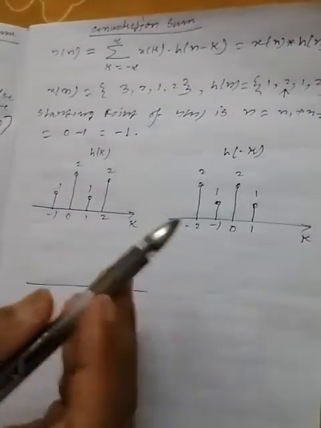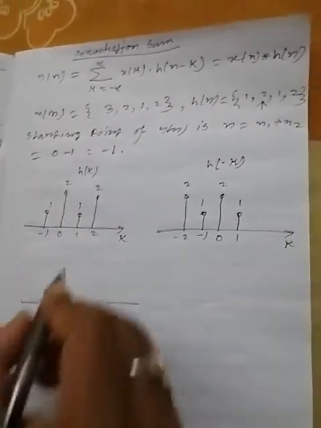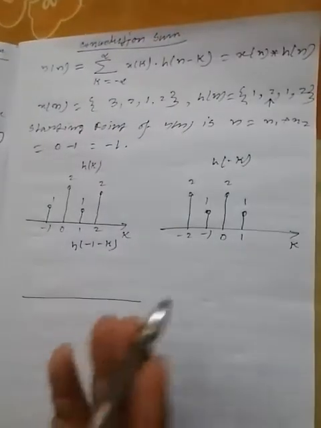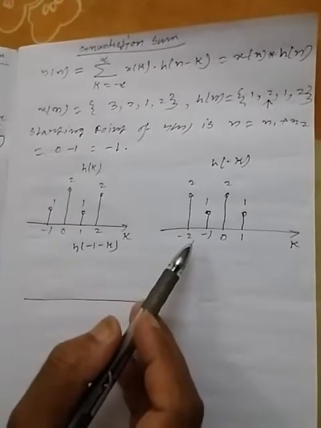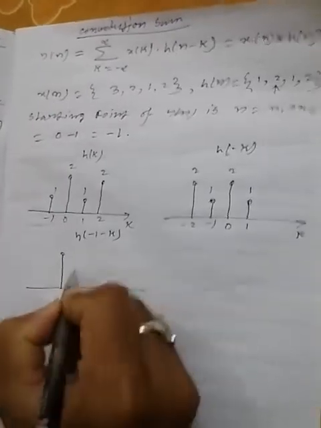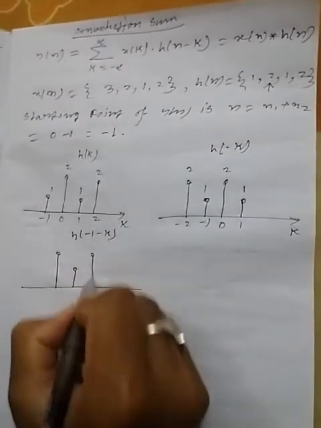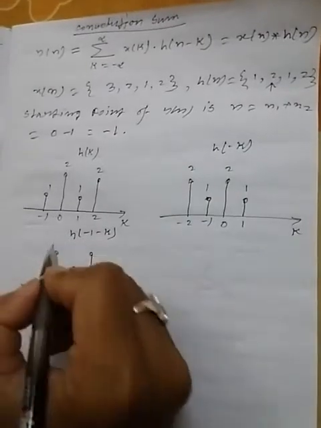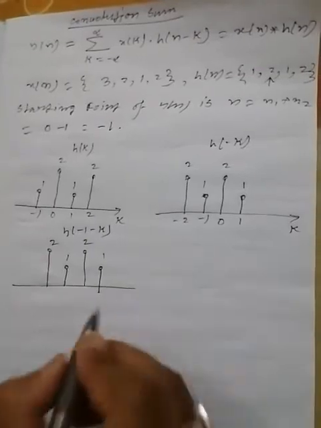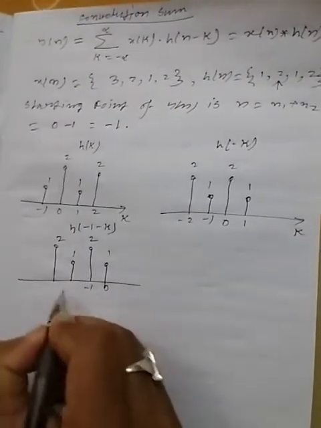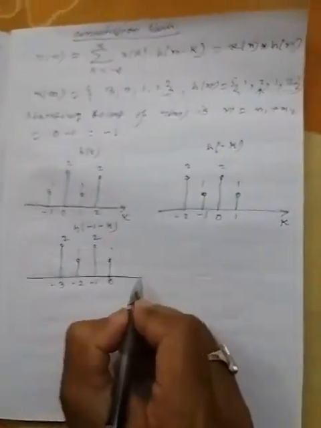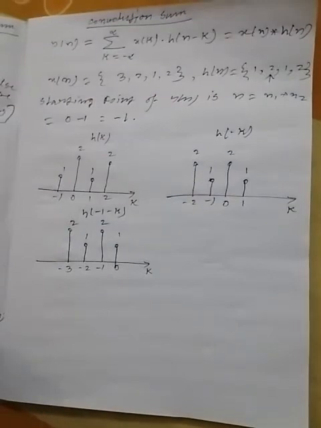Since this is a time reversed signal, h of minus 1 minus k will be left shifted by one unit of time. So this is 2, 1, 2, 1, the amplitudes are the same, and here is the 0th position, then minus 1, minus 2 and minus 3 positions. So it is left shifted by 1 unit of time.